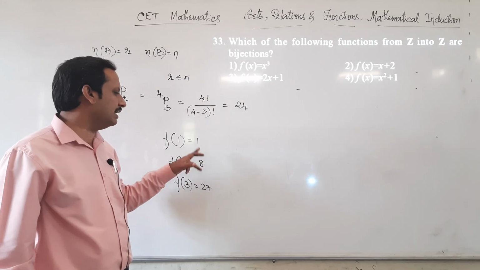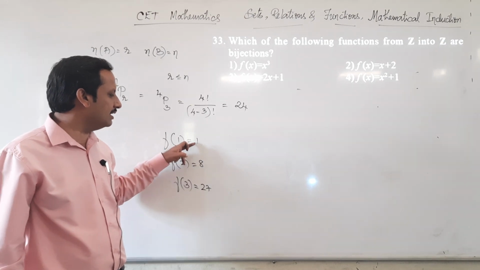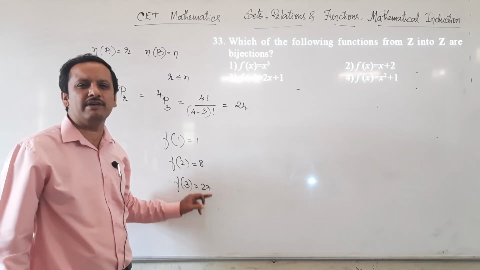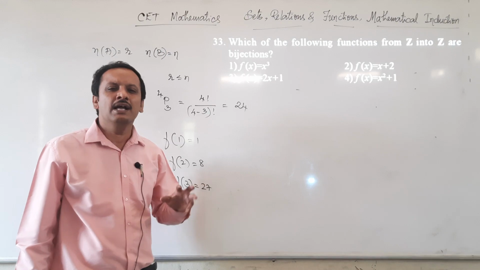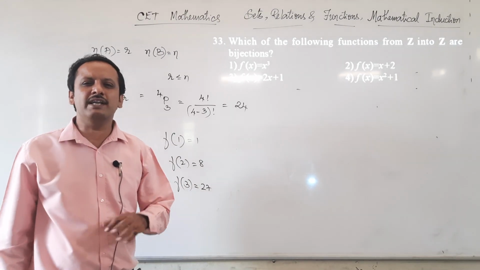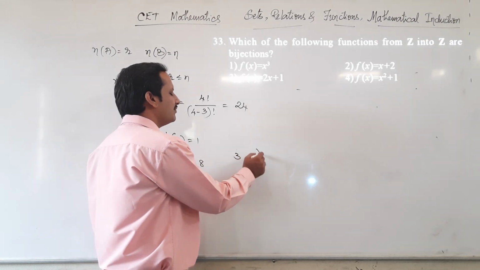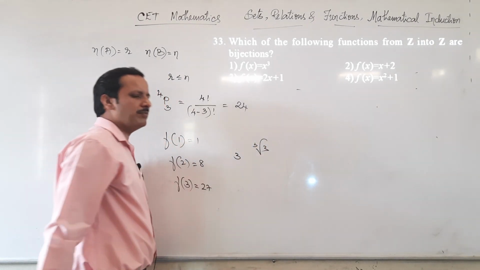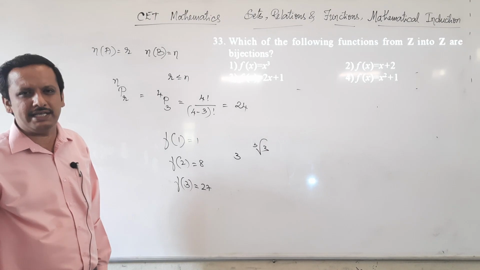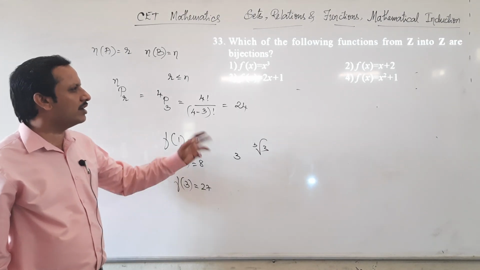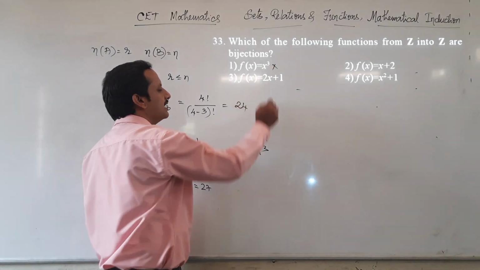Other than the perfect cubes 1, 8, 27, 64, 125, etc., the remaining integers do not have any pre-image. For example, the pre-image of 3 should be the cube root of 3, but the cube root of 3 is not an integer. So it is not an onto function, therefore this cannot be the answer.